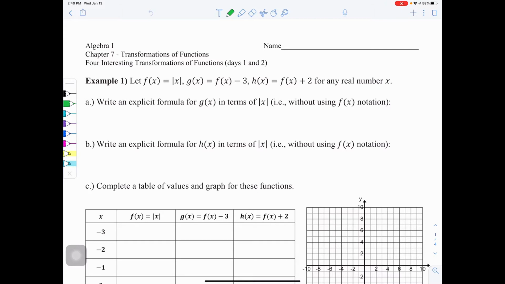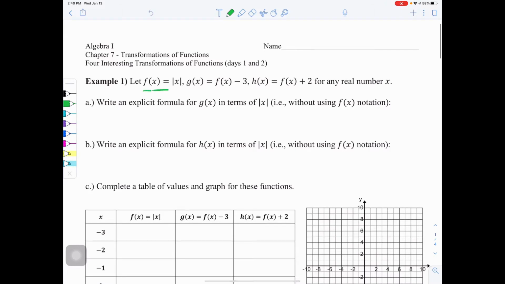When I see that f of x is equal to the absolute value of x, that's called our parent function. So actually down here in the table of values, I want you to put an arrow and write that this is called your parent function, meaning the starting point. They are telling you that f of x is equal to the absolute value of x.